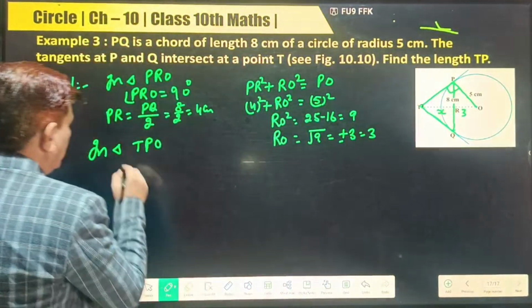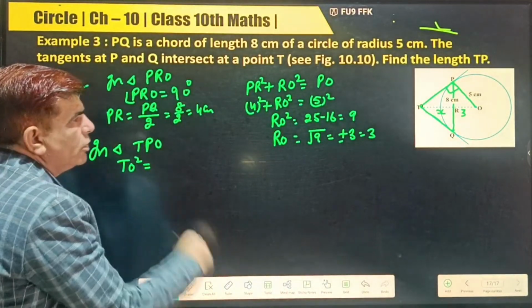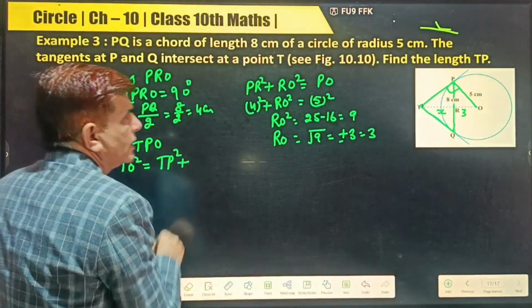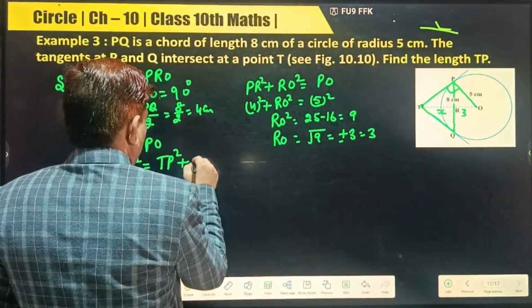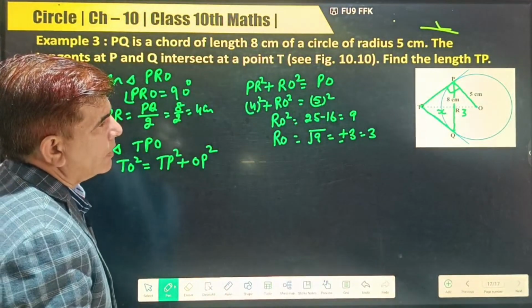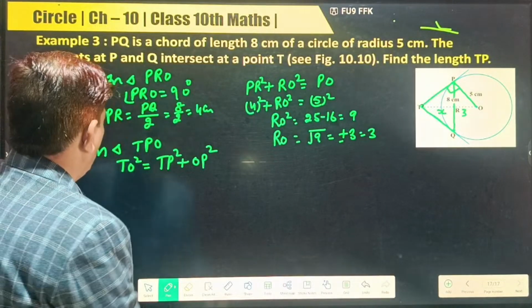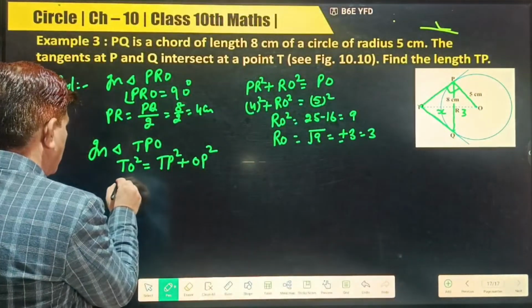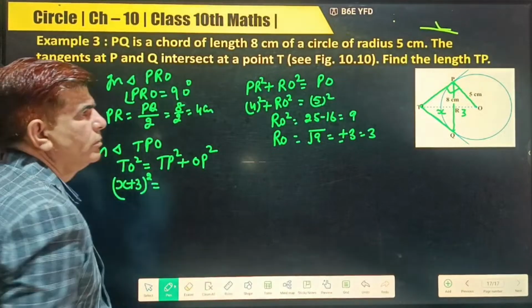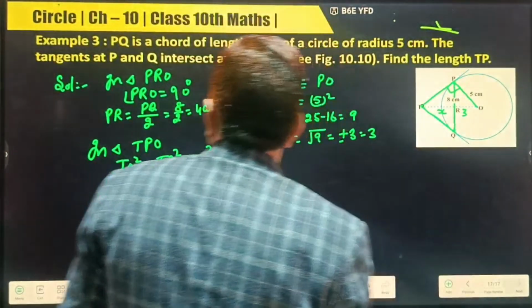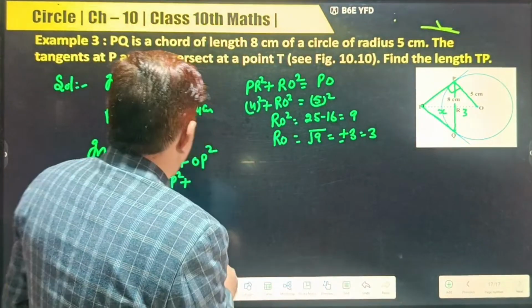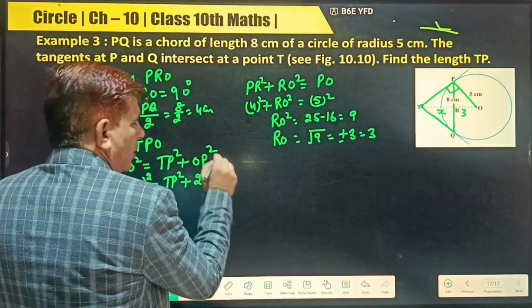So TO square is equal to TP square, which we have to find out, plus OP square, which is 5 square.